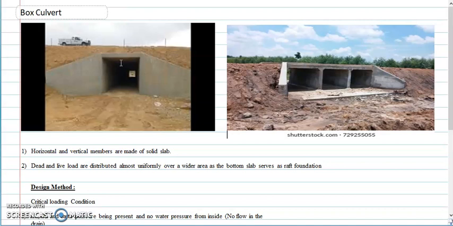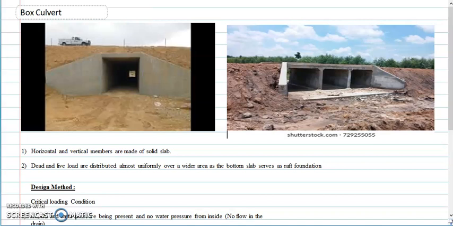So when you are designing, only one quarter of the box culvert can be designed and it can be assumed for the entire structure. Okay, so they are usually named as horizontal members, the slabs which are at the top and bottom, and the vertical members are the two walls.